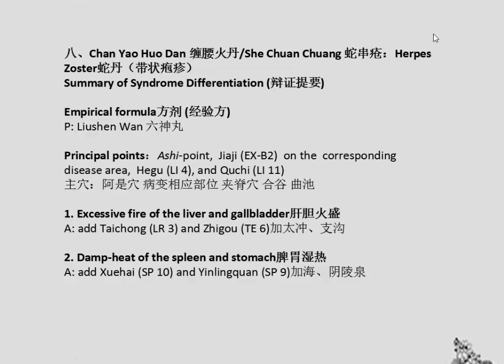Most of the time, herpes zoster is liver gallbladder, right? So where does it manifest? In the rib cage area. What is this in TCM? The liver and gallbladder meridian. In TCM, when you have superficial conditions, always think, what channel is it in? It's heat, yes. It's usually also damp heat, all right?